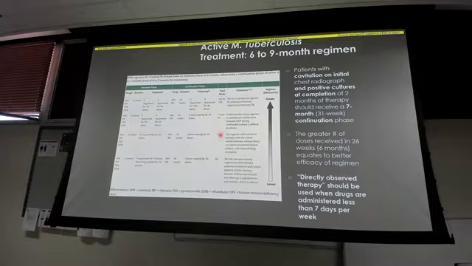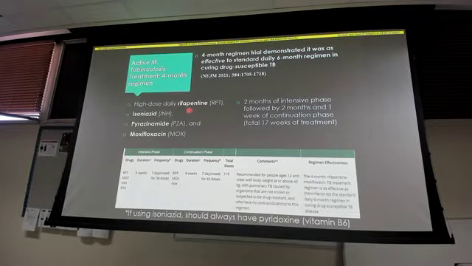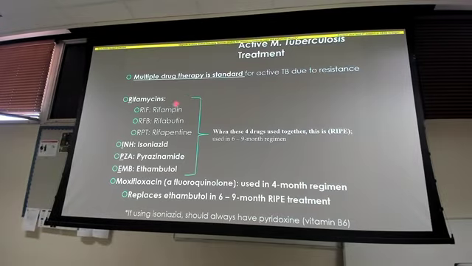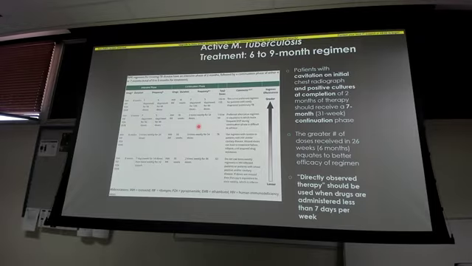What is my drug for my 4-month for my R? Rifapentine. Yes, okay, so remember this for your 4-month. If I was doing my 6 to 9, I could use any of these.